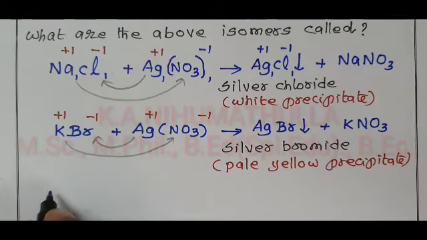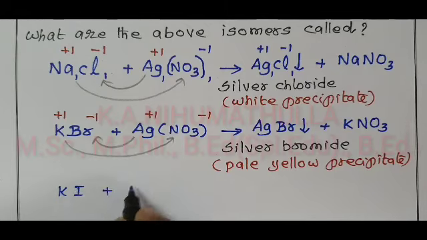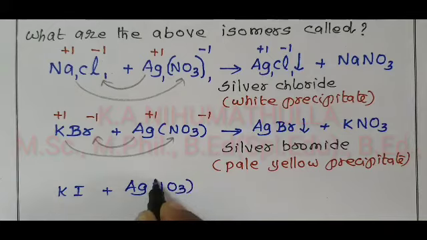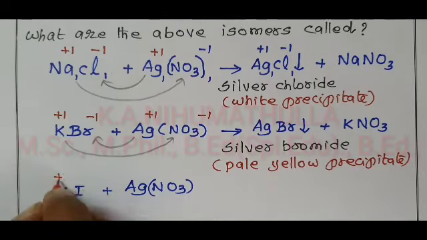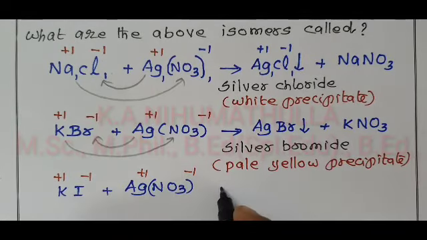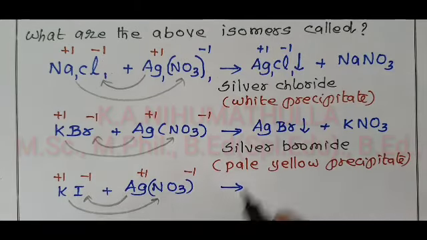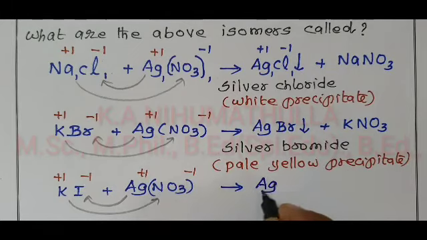Take one more example, an iodide salt, KI or sodium iodide, when treated with silver nitrate solution, AgNO3. Potassium is monopositive, iodine is I minus, Ag plus 1, NO3 minus 1. Ag plus combines with I minus to form AgI.